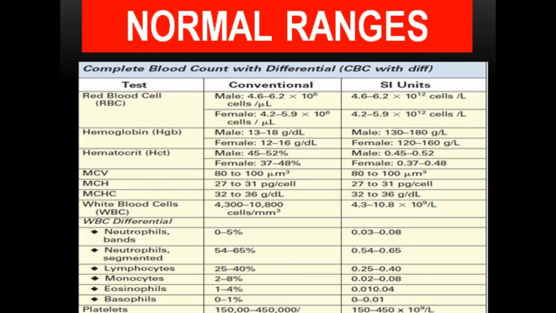WBCs are in between 4,300 to 10,800, and depending upon the technology, the instrument can determine the WBC differential count, or maybe it is not so sophisticated, so simply it counts the normal granulocytes and lymphocytes and monocytes, and platelets can also be determined with the help of this type of automated apparatus.